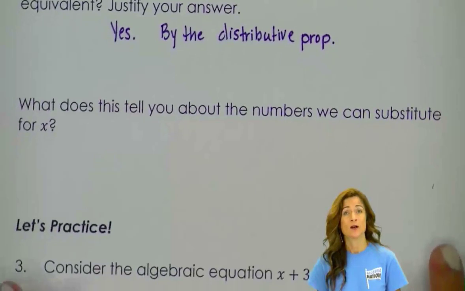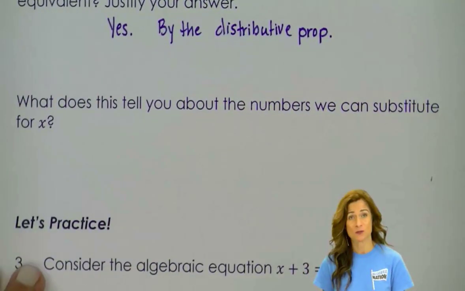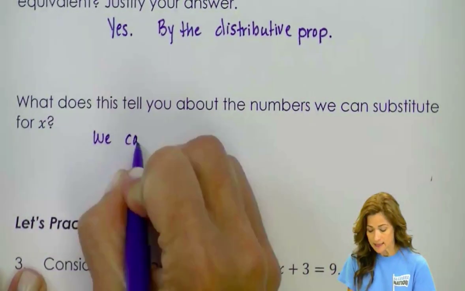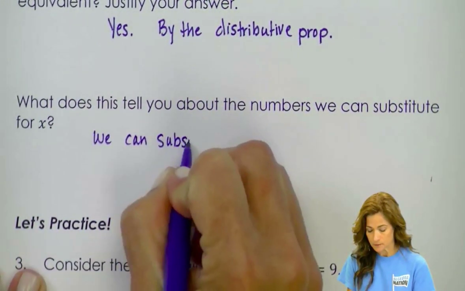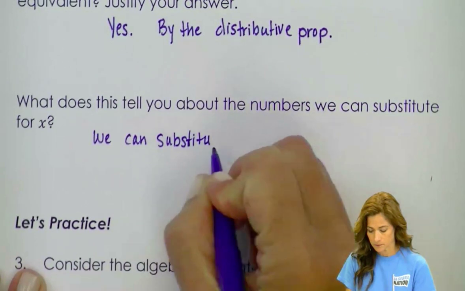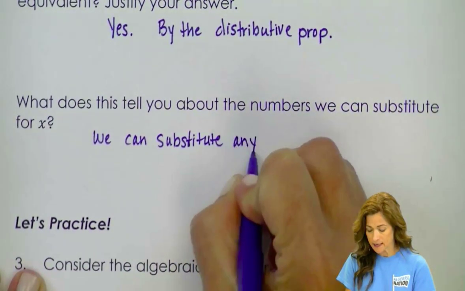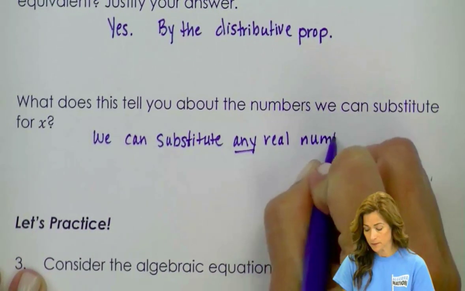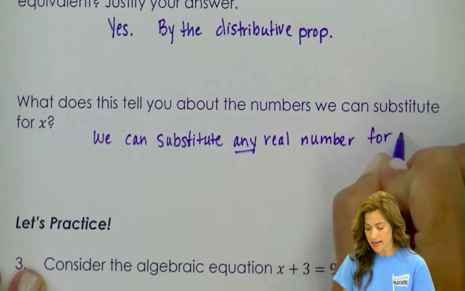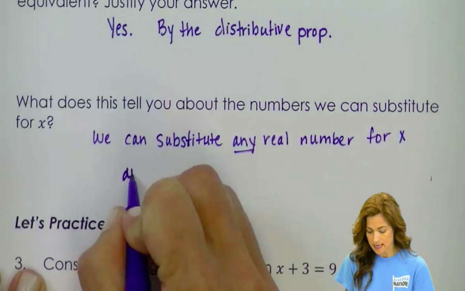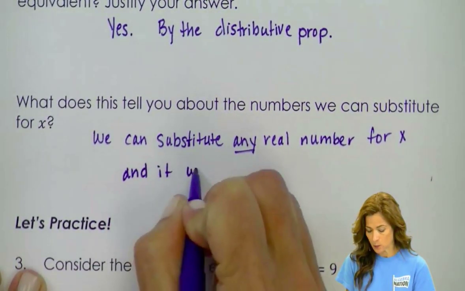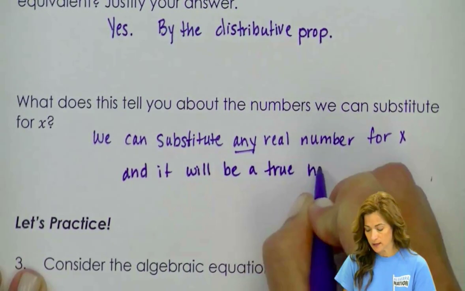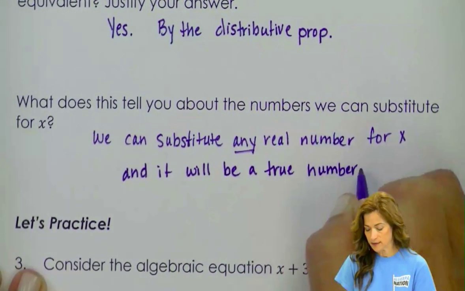So what this tells us about the numbers we can substitute for x is that we can substitute any real number for x, and it will be a true number sentence.